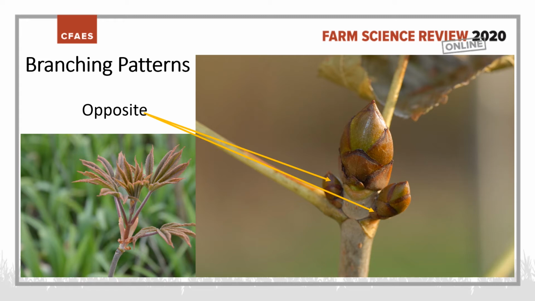Branching patterns, again, opposite. Here are a couple of examples where this is actually a buckeye horse chestnut cross, but you can see the buds are opposite. Here's one leaf attached. Here's the leaf scar from the other leaf that was growing opposite.